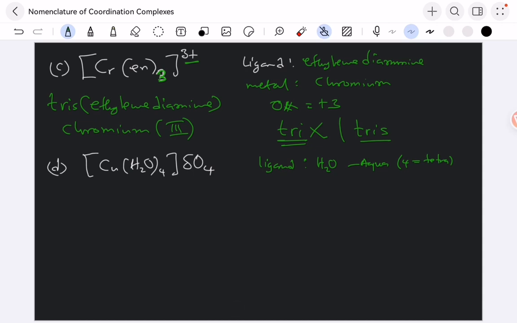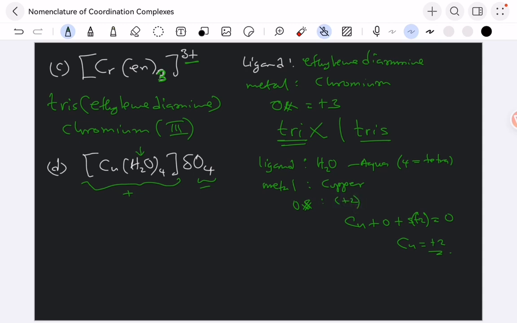Then our metal is on the positive side. This is the negative side. So the metal maintains the name as copper. If we are to calculate the oxidation state, the water is neutral, so it's 0. So it's going to be Cu plus 0 plus sulfate is -2, equals 0. So that becomes 2. So the oxidation number for copper is +2.